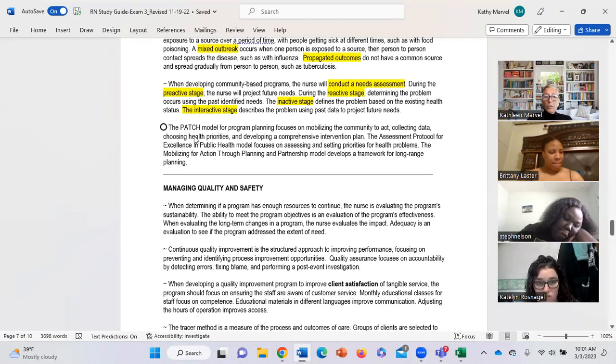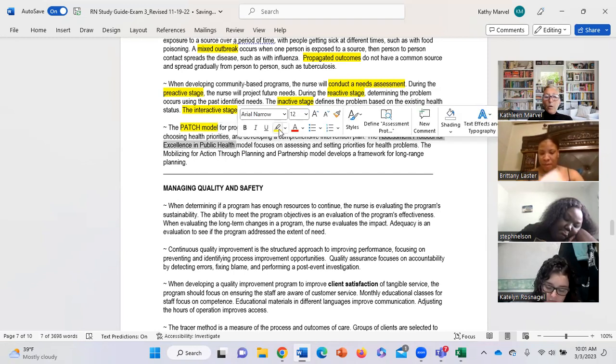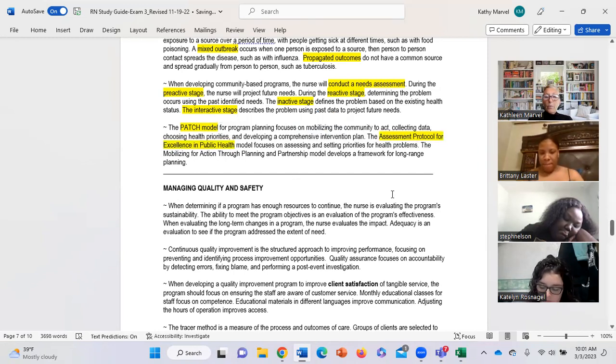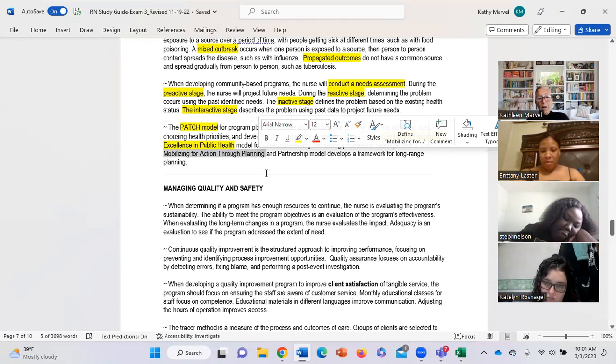Then there's a couple of models to use for planning. One is the PATCH model. Focuses on mobilizing the community to act, collecting data, choosing health priorities. Then the second model is your assessment protocol for excellence in public health. That focuses on setting priorities. And then there's your MAP, mobilizing for action through planning.